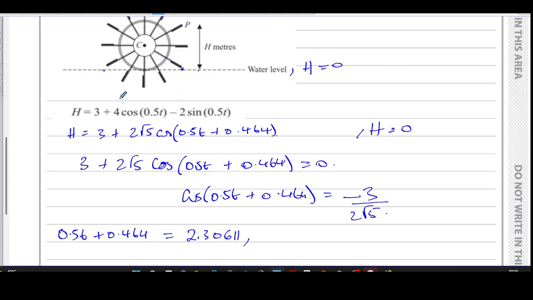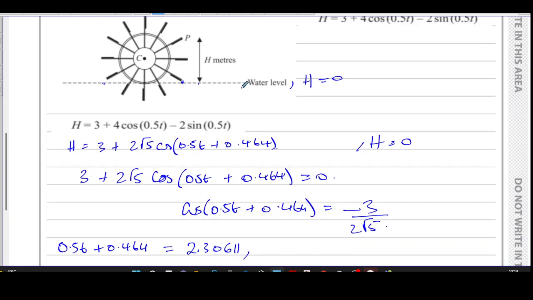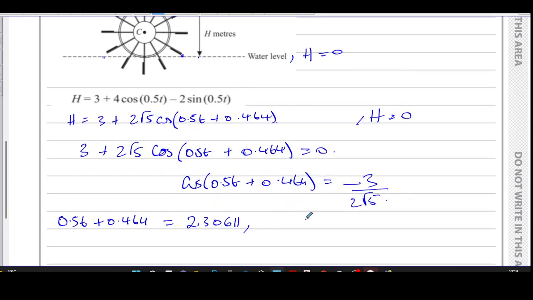Another time will be when it goes up again. Another time would be when it goes all the way around and comes back down again. So I'm thinking the best thing to do here is to find three times, and the two times where the value between them is the shortest will be the time that we're looking for. So I'm going to find the next time.